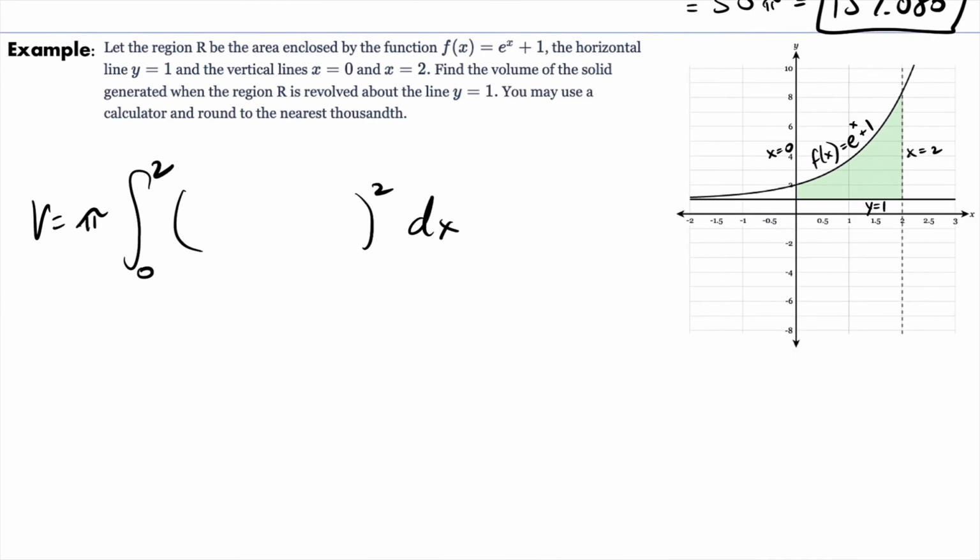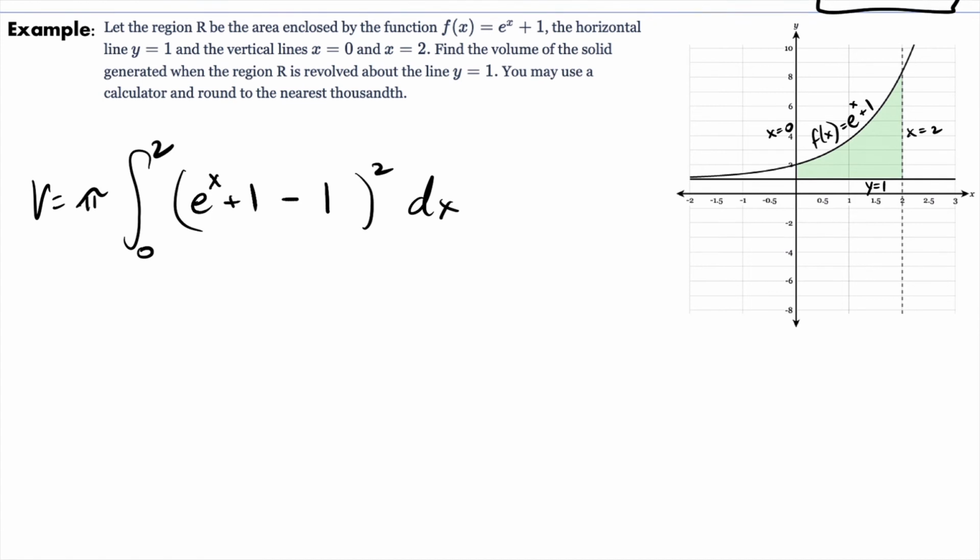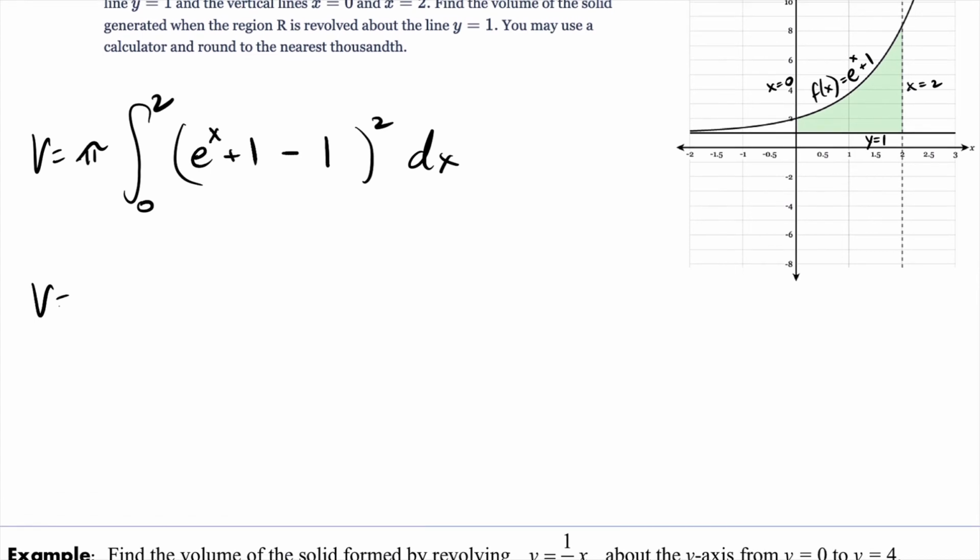So the top is e to the x plus 1 minus the bottom, which is positive 1 this time, okay? The ones are going to cancel out, so you'll get e to the x, dx squared, I should say. Squared still.